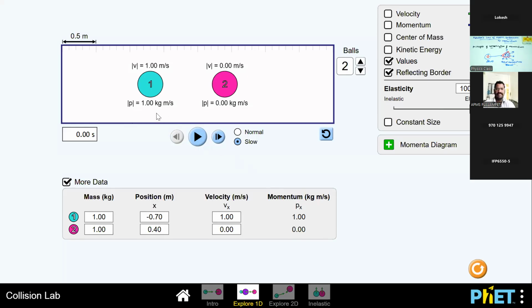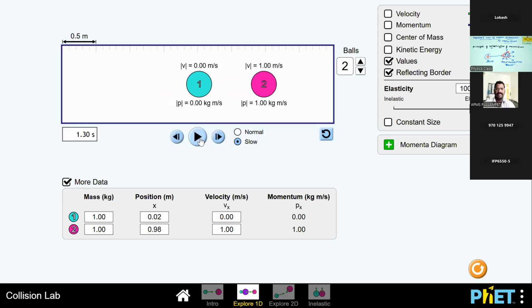So total momentum before collision is 1. But after the collision, you can see the same 1. Total momentum after the collision, 1.